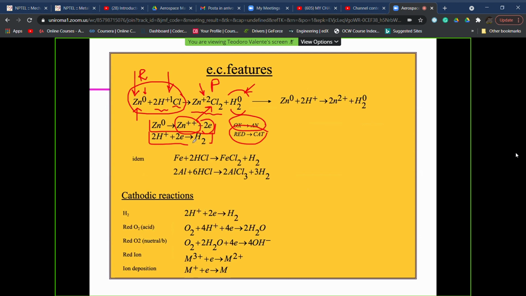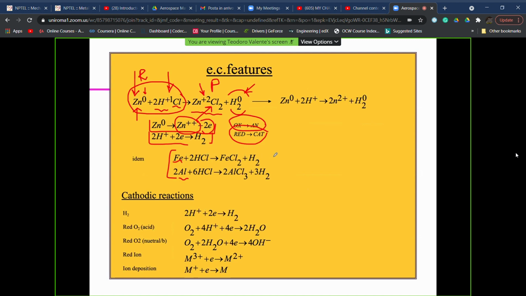Similar mechanisms to the one we have described are those, for example, in the same acid solution, which can affect the corrosion of iron, or which can affect the corrosion of aluminum. Obviously, the figures, that is the numbers, will be different.